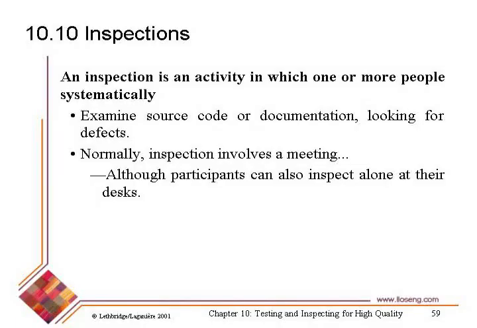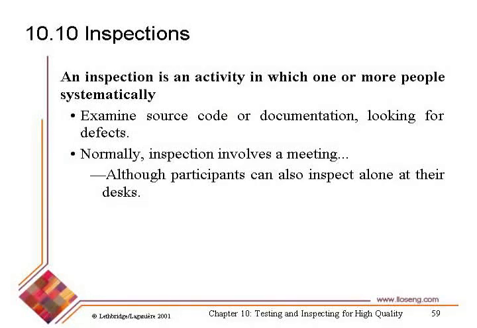Inspections, then. Inspections are another, and probably equal in importance, quality assurance technique. They're equal in importance to testing, and many people feel they should be done even before the bulk of the testing is done. We'll talk about that in a minute.